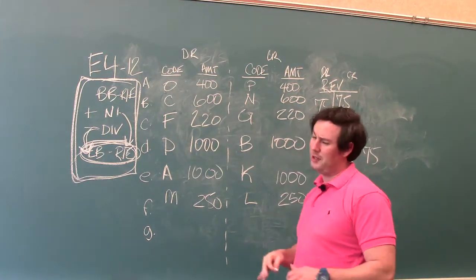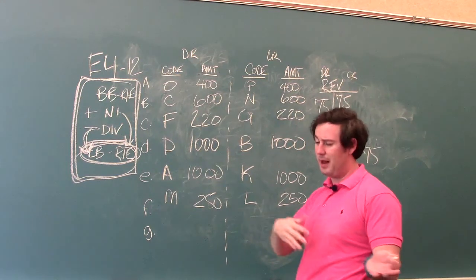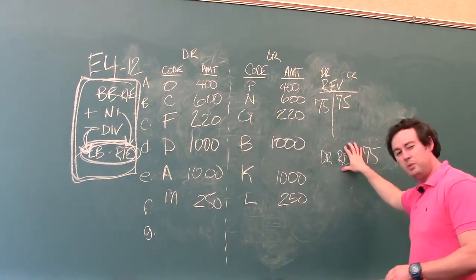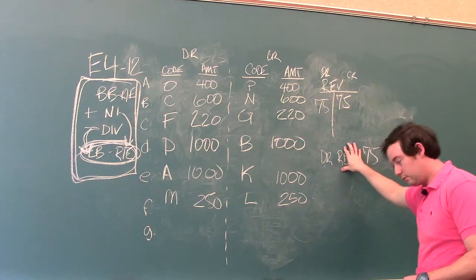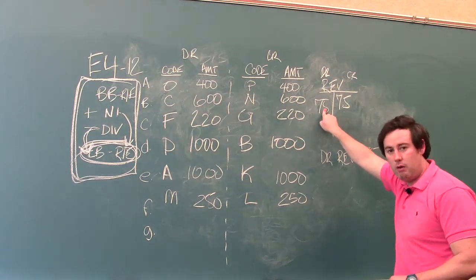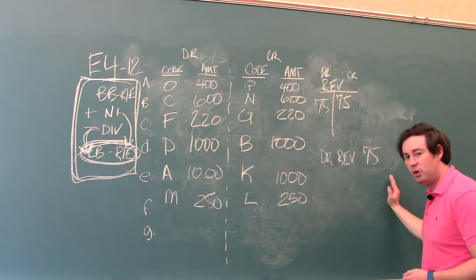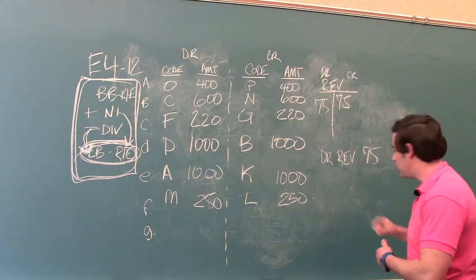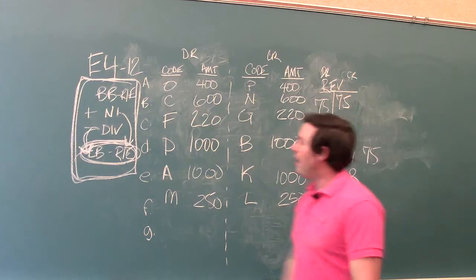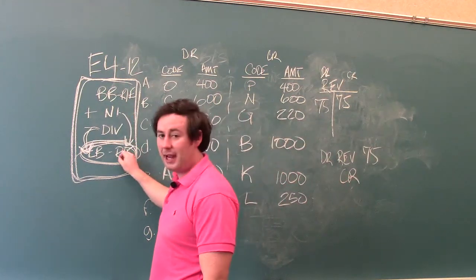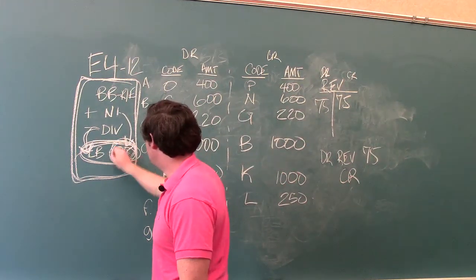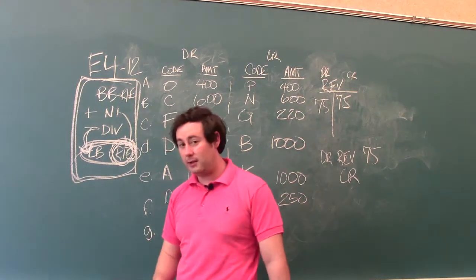Remember, we've been working with adjusting journal entries on the last few problems, right? This is what we call a closing journal entry. So if we're making this zero, where do we put the other side? Debits have to equal credits. This other side has to balance. What's the credit? The credit is sending it to retained earnings. The credit is R/E, retained earnings.